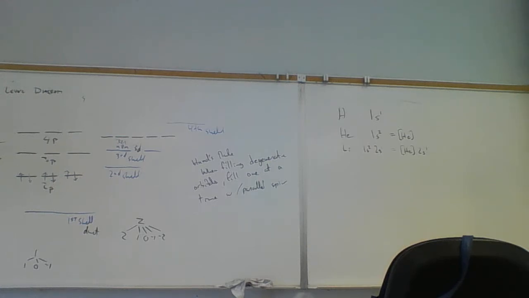So we'll move up to the next subshell, which would be the 2p. The boron would go here with 1 electron in the 2p. Now there are 3 orbitals in the 2p. Each orbital has 2 electrons. So boron, carbon, 2.